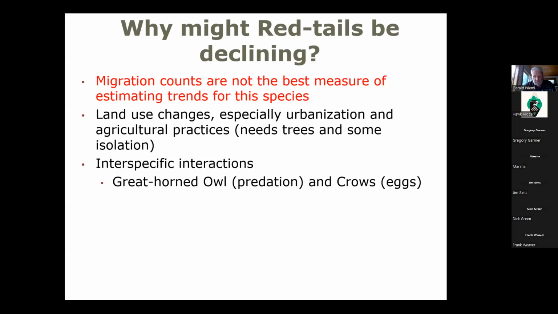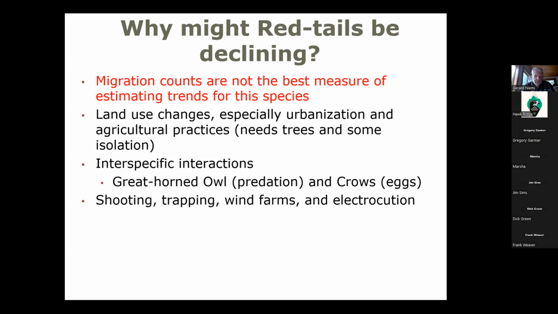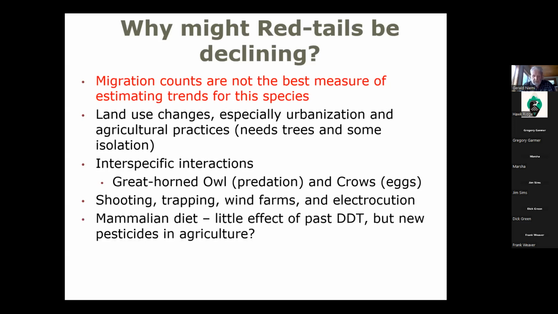Great horned owl and crow predation on eggs are an issue. Shooting still occurs, much less today. Trapping, wind farms. Red-tailed hawks are the most frequently killed raptor in many of the large wind farms in California, and there's some electrocution. But it didn't seem to be affected much by DDT because they have a mammalian diet primarily.